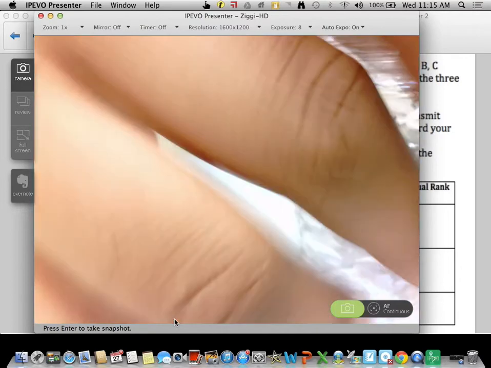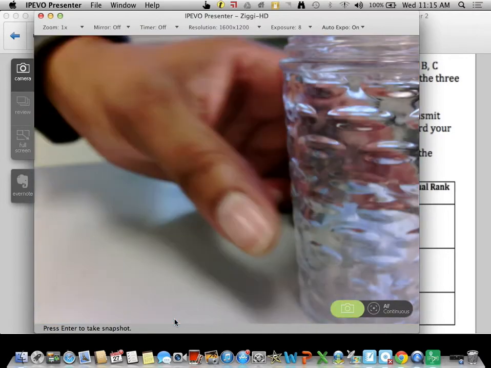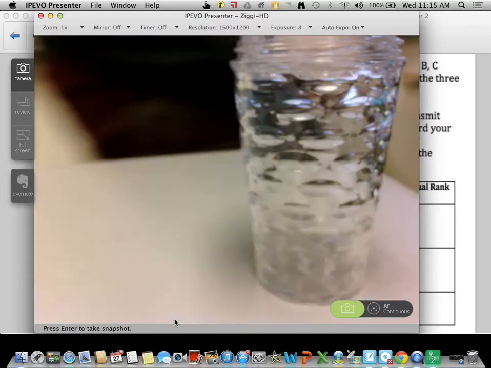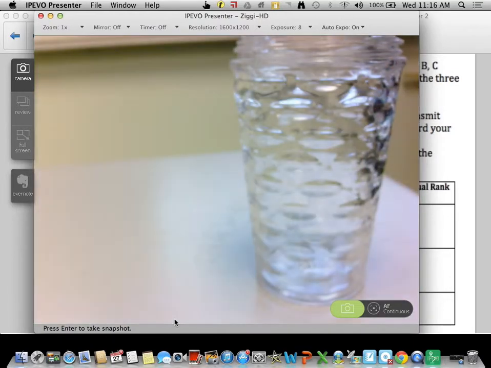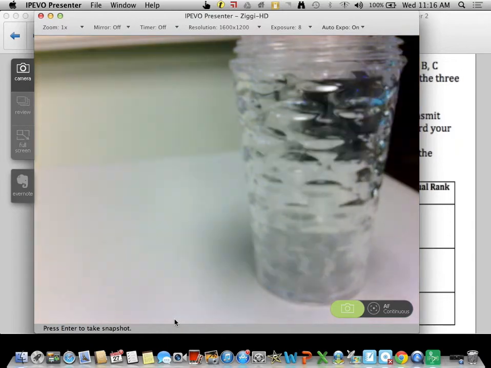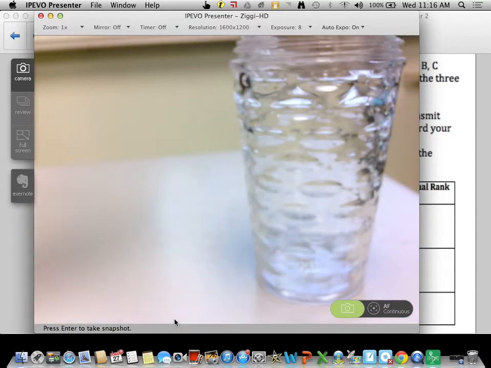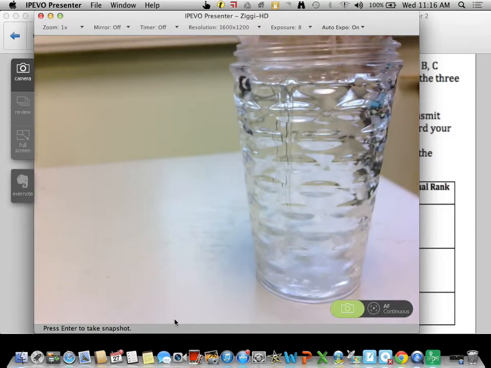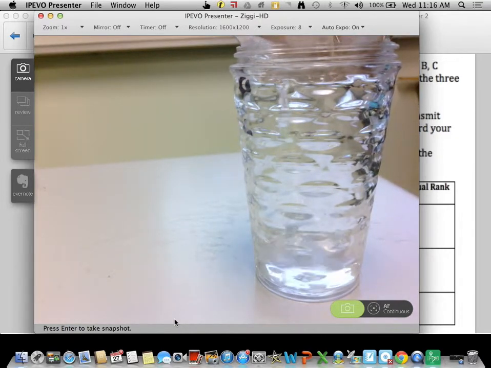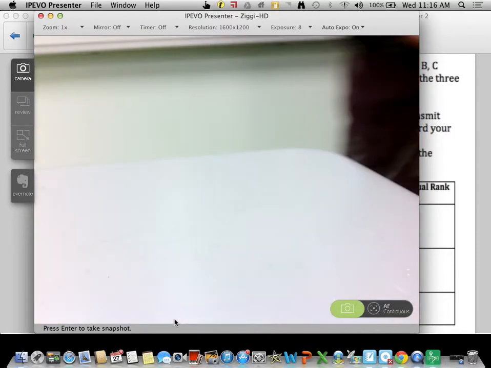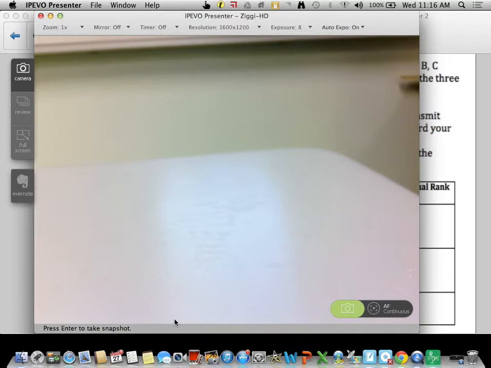And here's our container. And we're going to observe the water going through our gravel. Are you ready, Simon? Stop. 8 seconds. Okay.